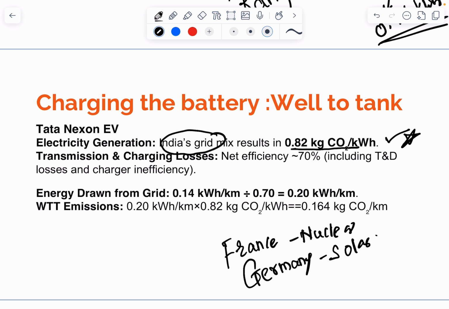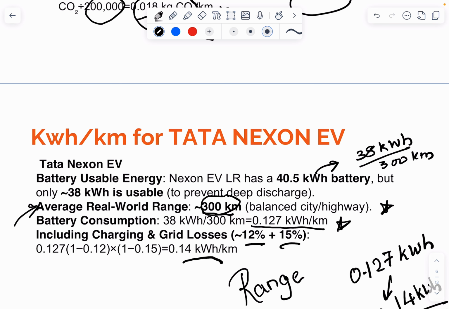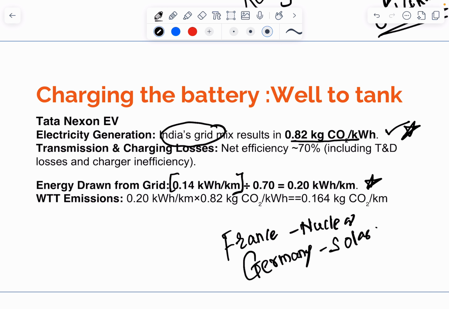So now you have this mileage of the Tata Nexon, and we have this number from this value 0.2. How it comes is how much energy has to be supplied from the grid. 0.14 was how much energy is required for the battery, and how much has to be supplied from the grid would depend upon the net efficiency, right?